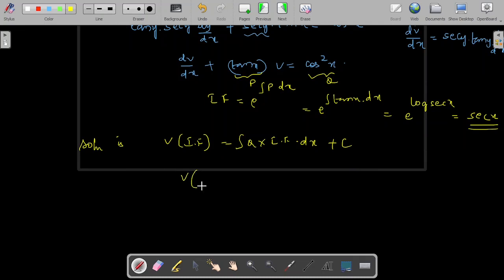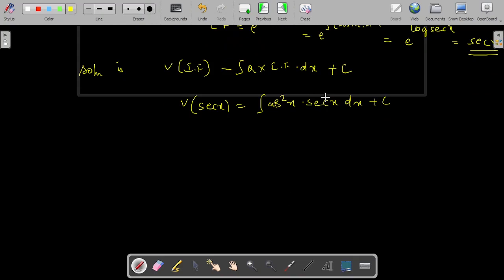So v into the integrating factor secant x equals q, which is cos square x, into secant x with respect to x, plus c. Now cos square x can be written as 1 by secant square x. One secant cancels, or you just write 1 secant x as 1 by cos x, one cos cancels, and one cos x remains.